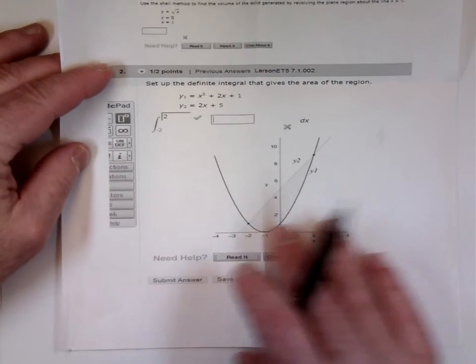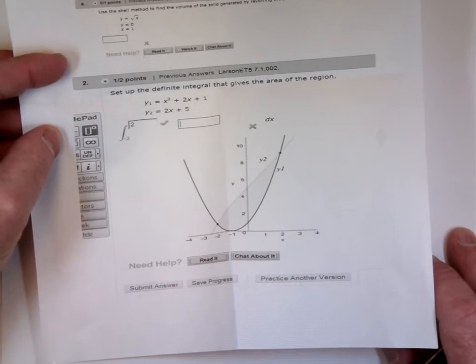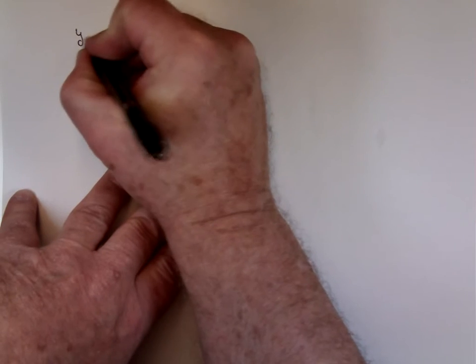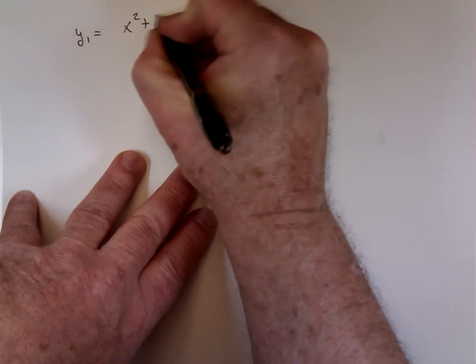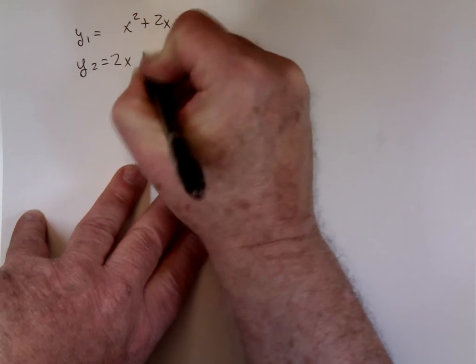Set up the definite integral that gives the area of the region. Here we go. y1 is x squared plus 2x plus 1. y2 is 2x plus 5.